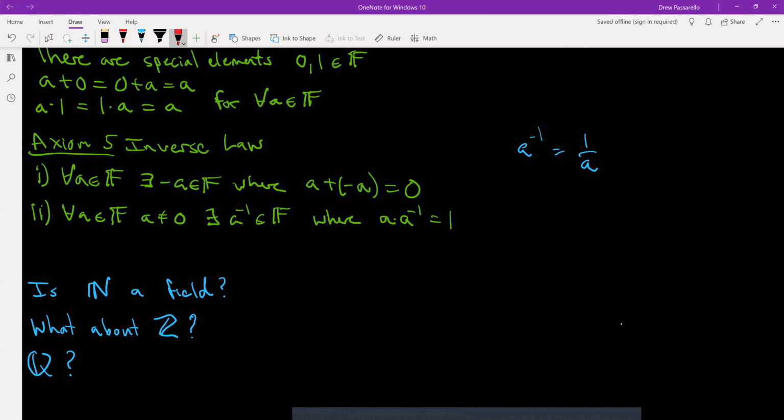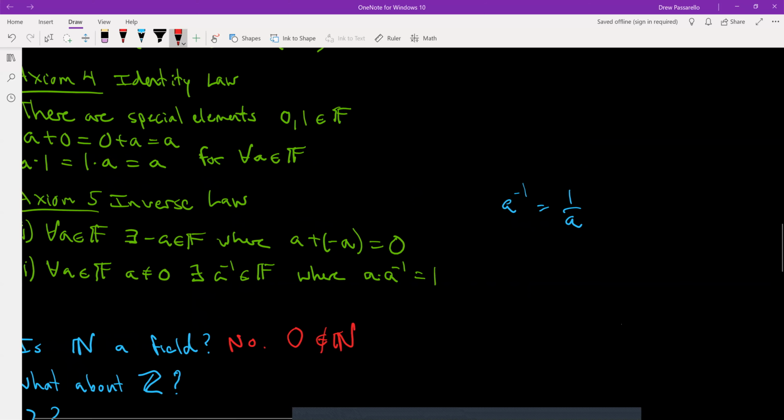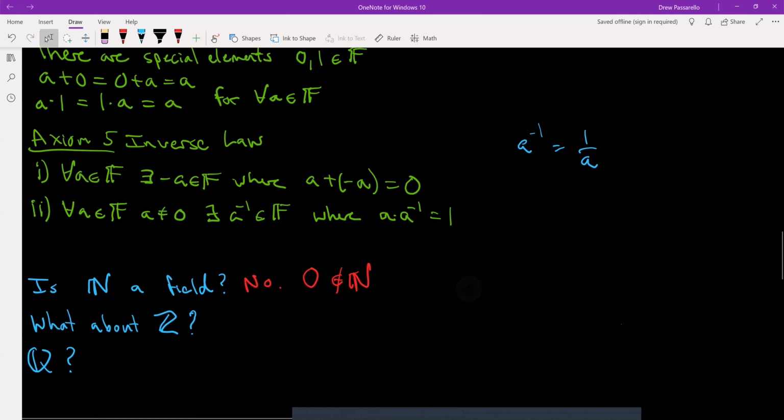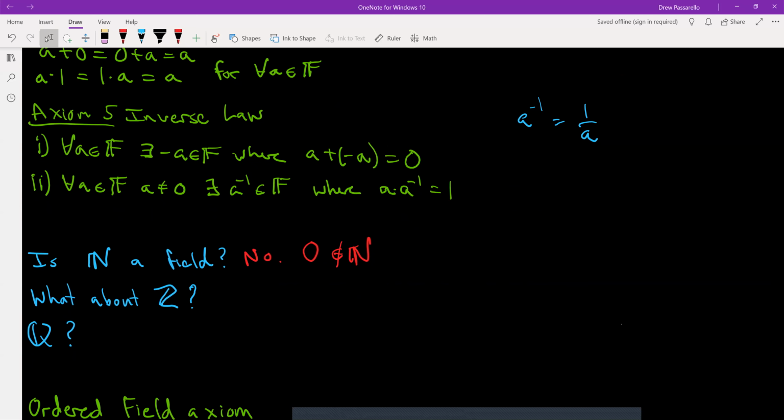So really, there are multiple reasons why the natural numbers is not a field. For instance, 0 is not an element of the natural numbers, so it fails to have the identity law. And then we also don't have negative elements, so it fails the inverse law also.